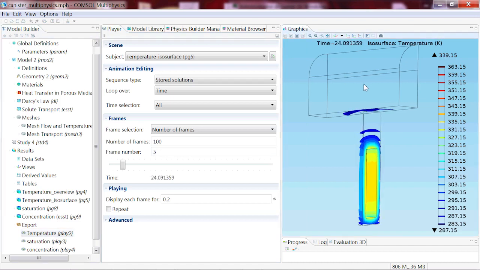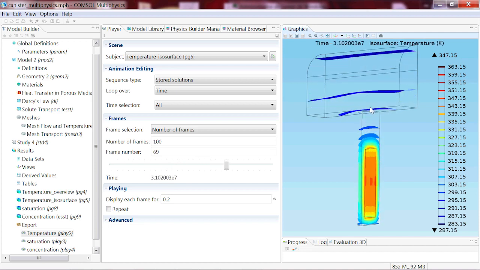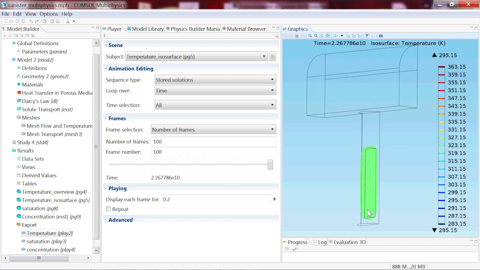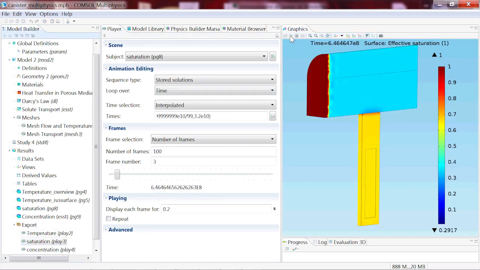At this step, we show mainly three results. The temperature evolution at the canister. We can see how the canister heats the buffer and later it cools down, coming back to the natural temperature of the medium. The degree of saturation of the media.